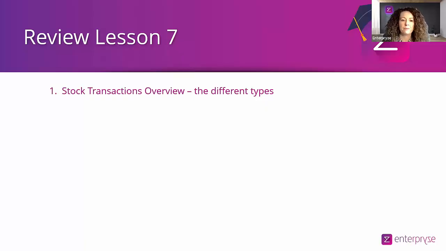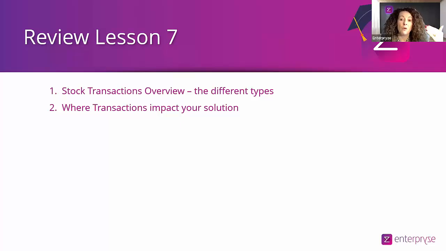So we would refer to that again, of course, if this is something that you've already missed so far. So we looked at where transactions impact your solution. So we looked at the GL account postings and of course what that means in terms of incrementing or decreasing stock and what actually happens when a goods receipt or a goods issue is put in to the system.